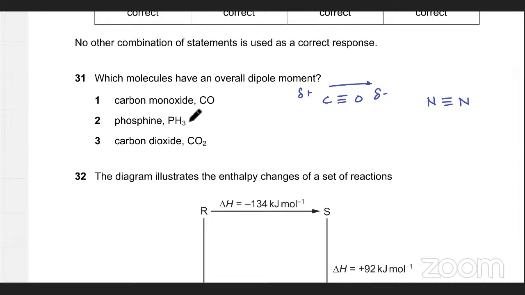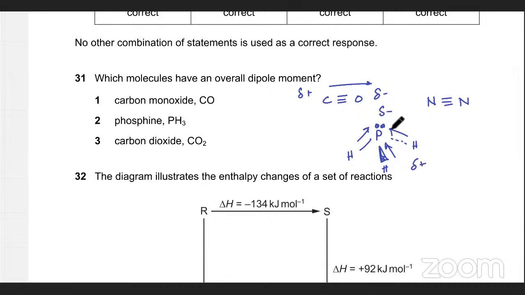Phosphine is going to be polar because of its shape. Because group 5 will have lone pairs sitting on top. So the overall dipole would be that phosphine would be pulling electrons upwards. The top of the molecule would have a slight negative charge.